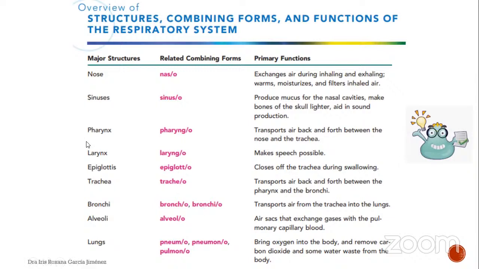As major structures, we have the nose, related combining forms, nas or naso, sinuses, sinus or sinuso, pharynx, pharyngo, larynx, laryngo, epiglottis, epiglotto, trachea, tracheo, bronchi, broncho or bronchio, alveoli, alveolo, lungs, pneumo, pneumono, pulmono. Okay.